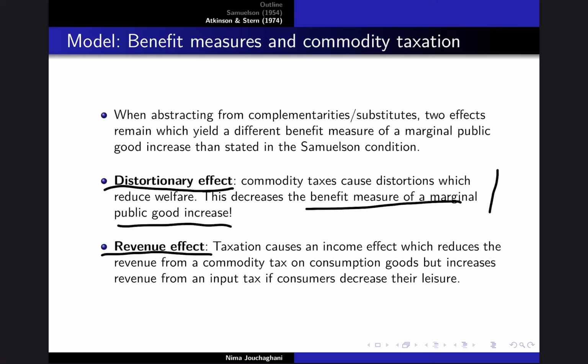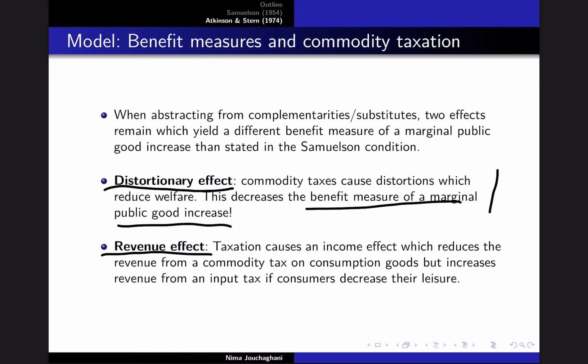And this depends crucially on how the consumers are reacting if there is a commodity tax on output goods. Yeah, so the sign of this revenue effect can be negative, but it can also be positive depending on what type of good leisure is.